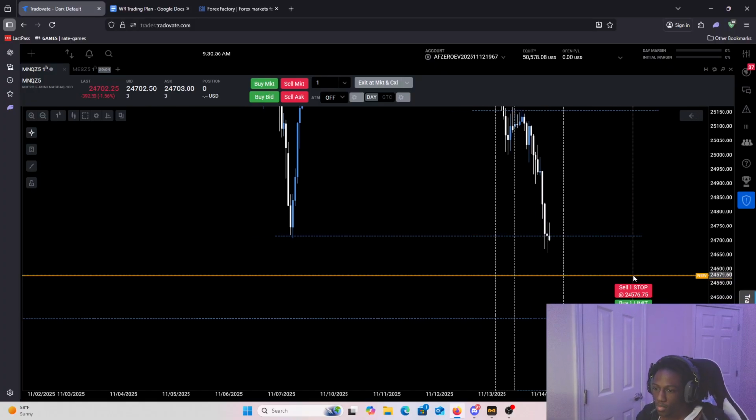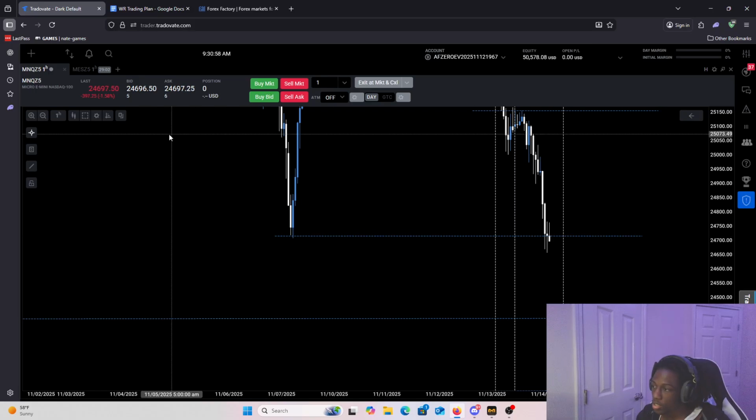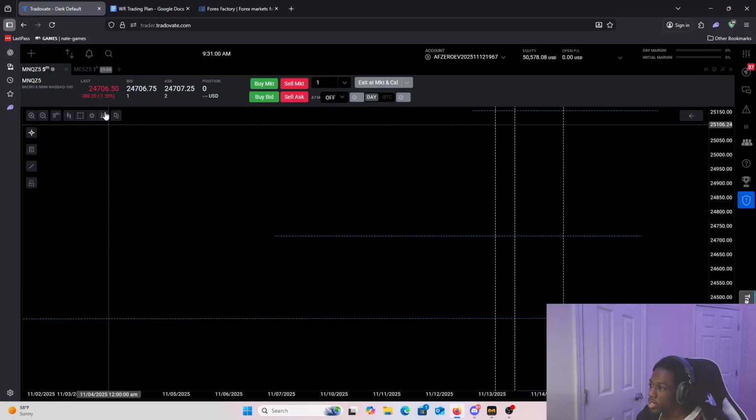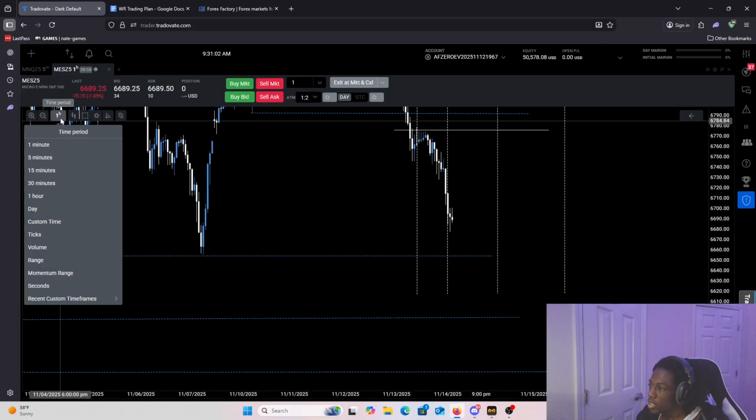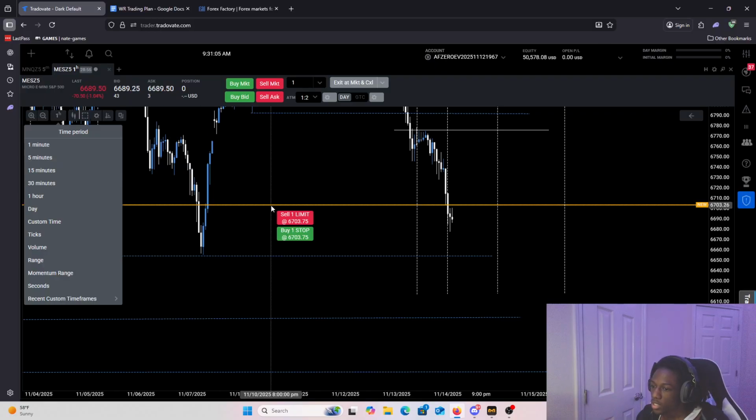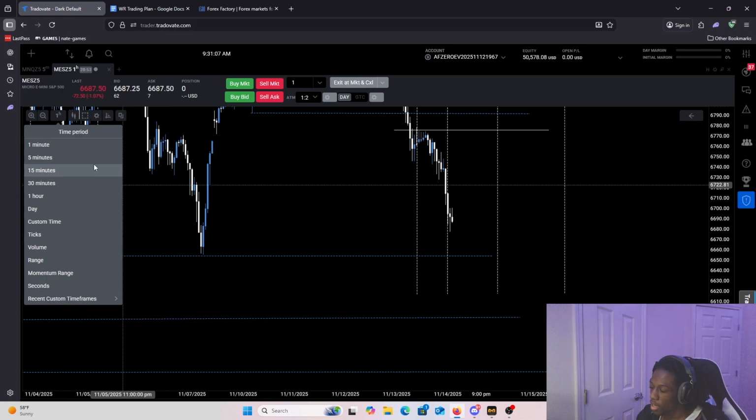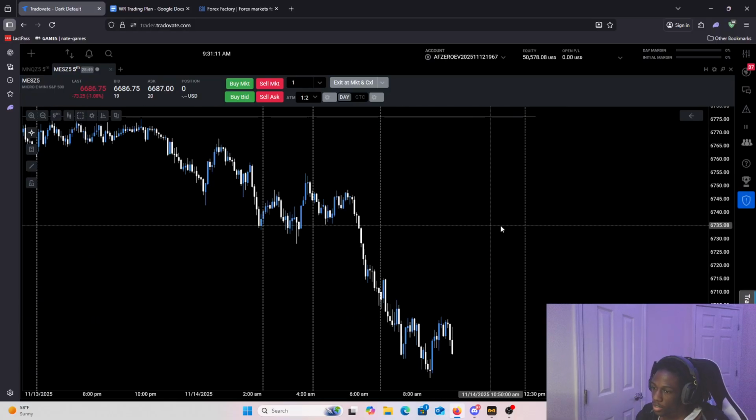So we get a strong direction up here at the open. This still has not touched this bottom over here. So I guess we're just gonna wait.